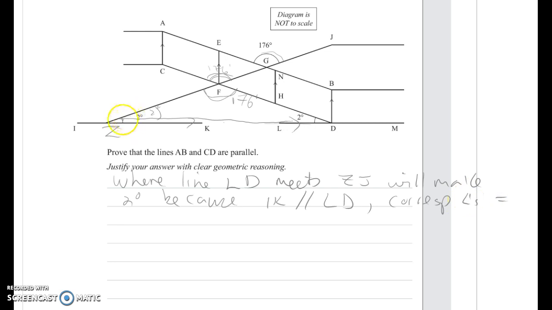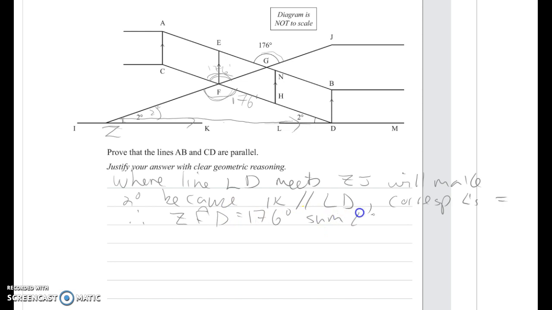Yeah, because that'll be 2 degrees wherever it meets there. Therefore, ZFD, this angle here, must be 176 degrees.